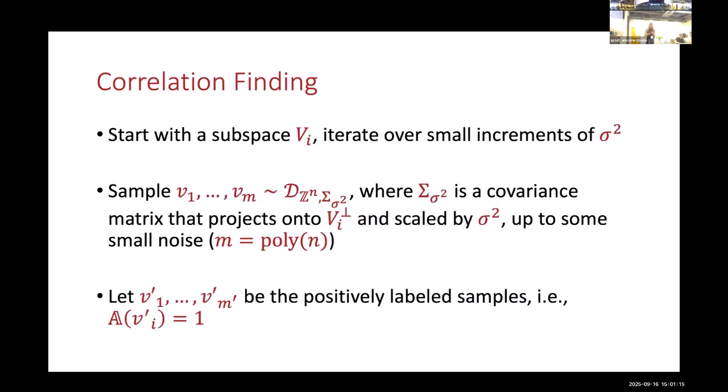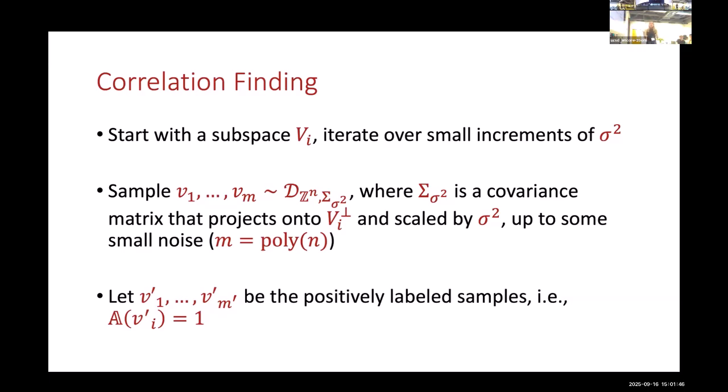How does the correlation finding step work? It starts with the current subspace we know so far, and then we iterate over small increments of this parameter sigma squared. We sample many Vis from the discrete Gaussian with a particular covariance. This covariance is the matrix that projects onto the orthogonal complement of all of the vectors that we found so far, potentially scaled with this parameter sigma squared.